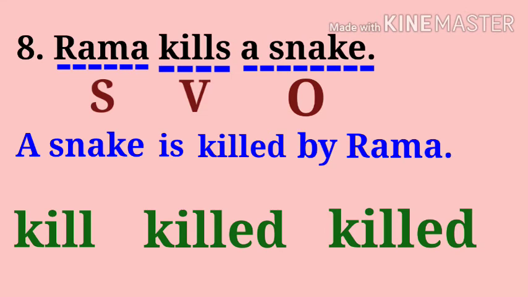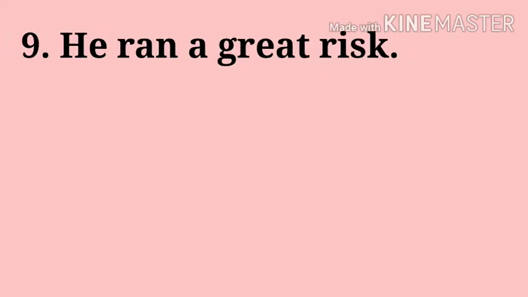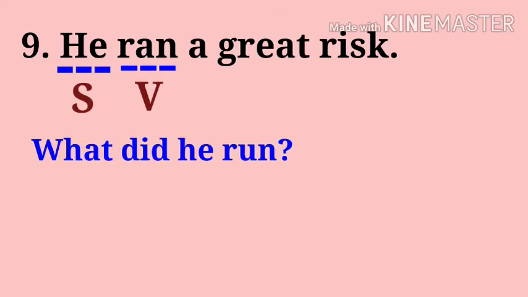Now the next sentence: he ran a great risk. See, what is the subject? He is the subject. Ran is the verb. Understand? So, ask the question. He ran a great risk. What did he run? And the answer is a great risk. So, start your answer with a great risk.